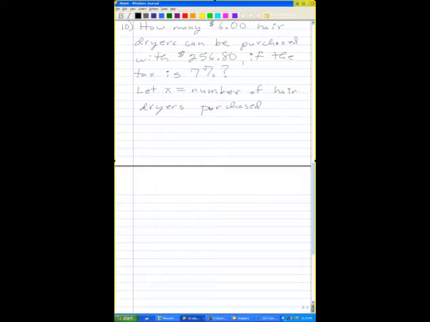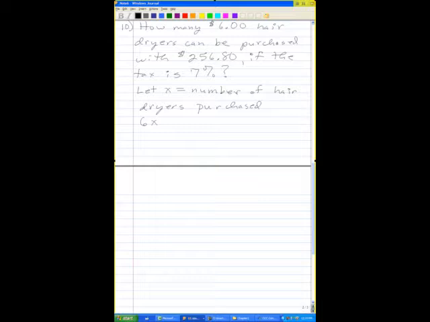Okay, so every hair dryer costs $6. So if I purchase X of them, then the cost will be 6X.